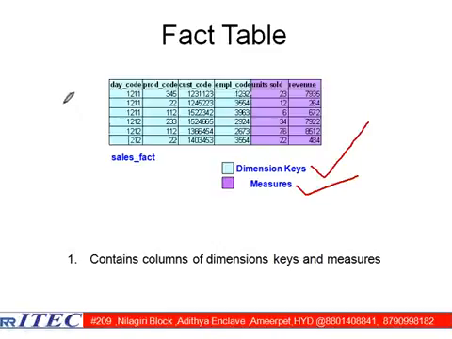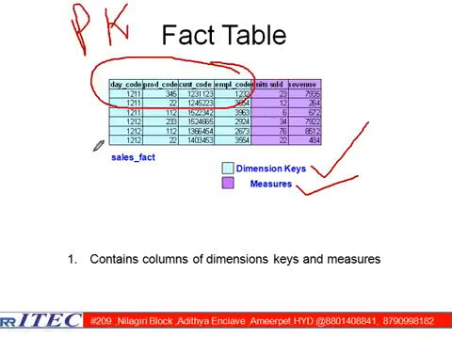That means whatever dimension tables are available, that dimension table's primary key is coming here and staying here, and all four together act as the primary key. So in the fact table, the key columns we are getting from the dimension tables.